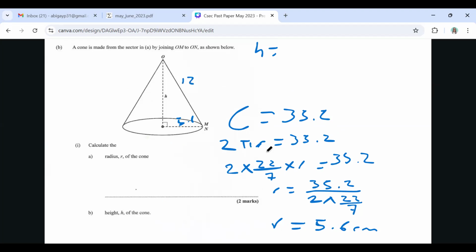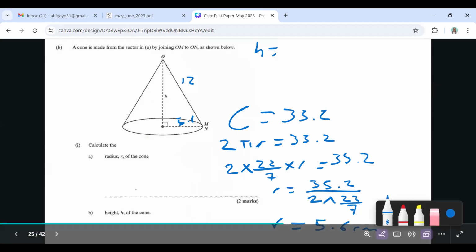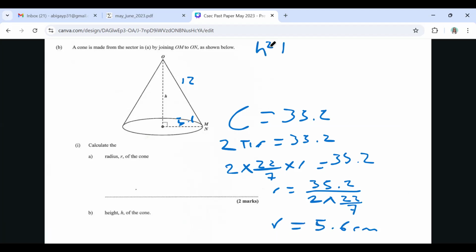So that means we're going to use Pythagoras' theorem here. See, it comes back full circle again. So h squared plus 5.6 squared equals 12 squared.